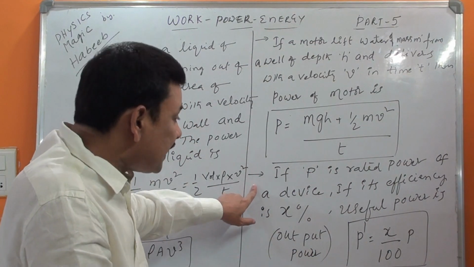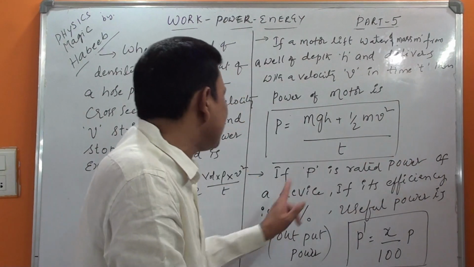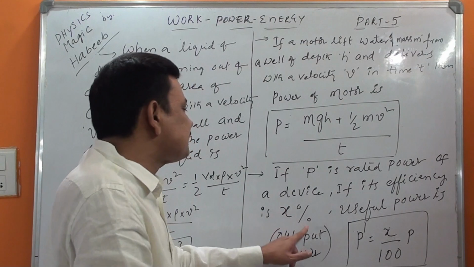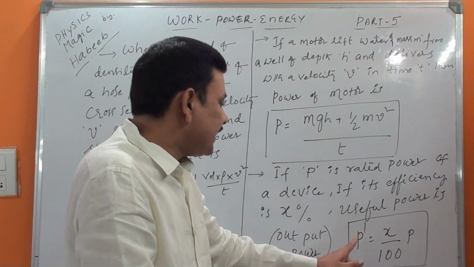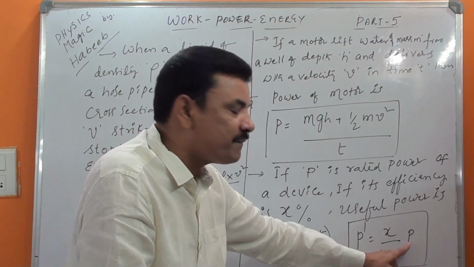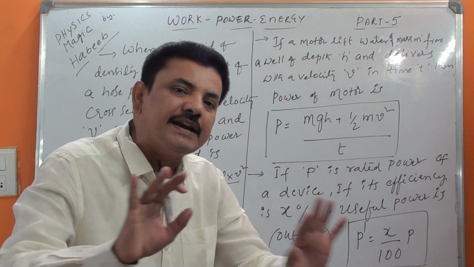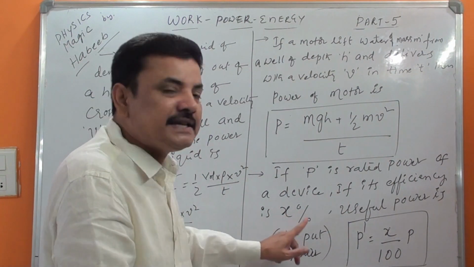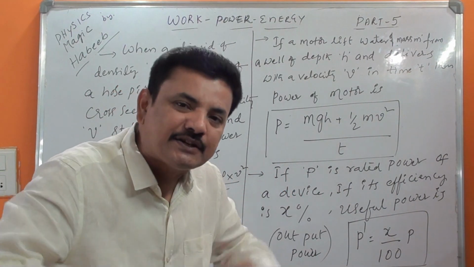Then another very important question: if P is the rated power of a device and its efficiency is X%, then the useful power is very simple. It is equal to X by 100 of P. For example, a motor is rated as 100 watts. Its power is 100, but its efficiency is 50% only, so it can perform only 50% of its capacity.